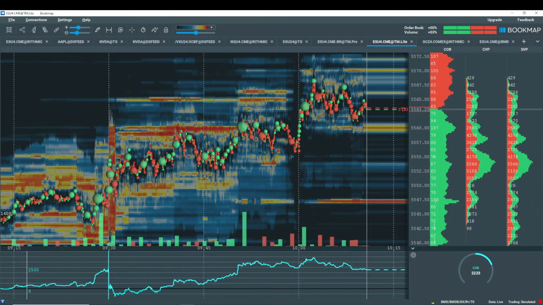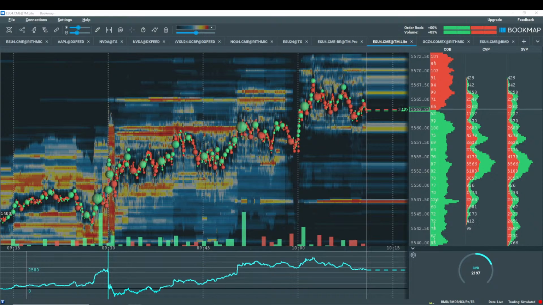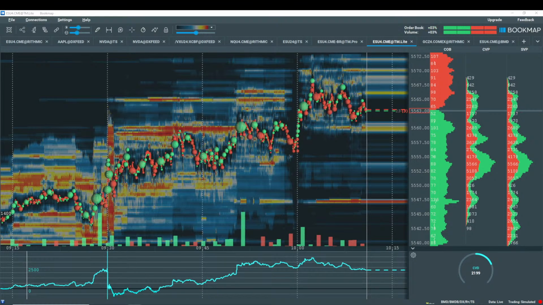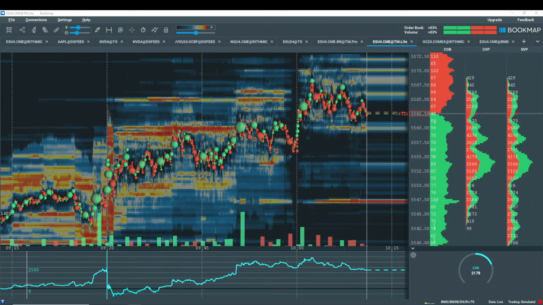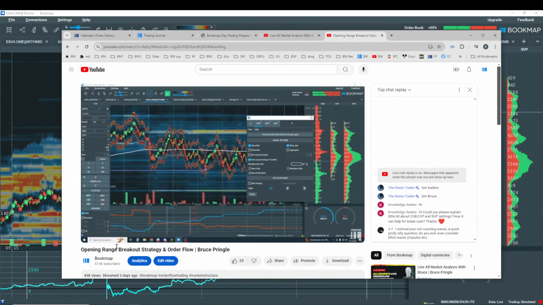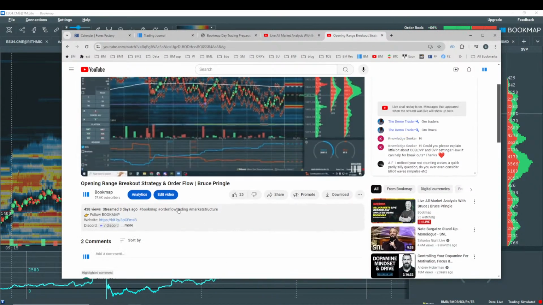One thing I wanted to go through first was I got this comment on one of the videos, and I'll bring it up. And I really appreciate it, so please put your comments in, because here's why. This was about the opening range breakout strategy and order flow.